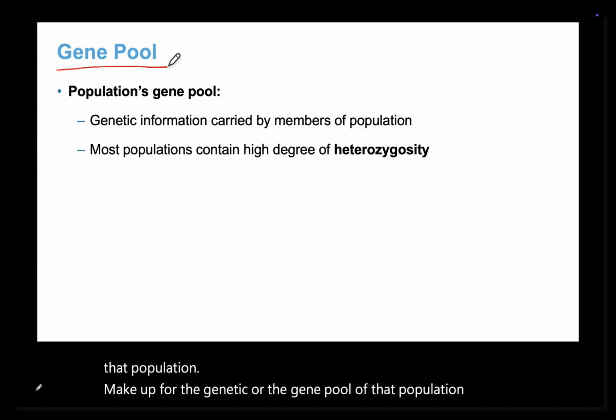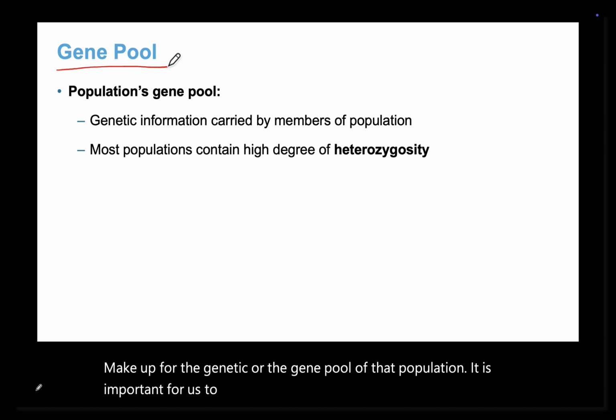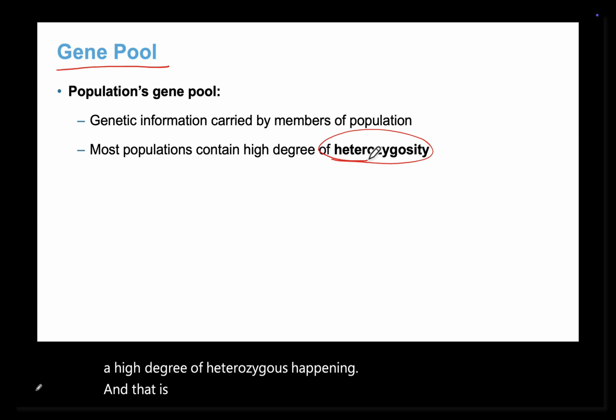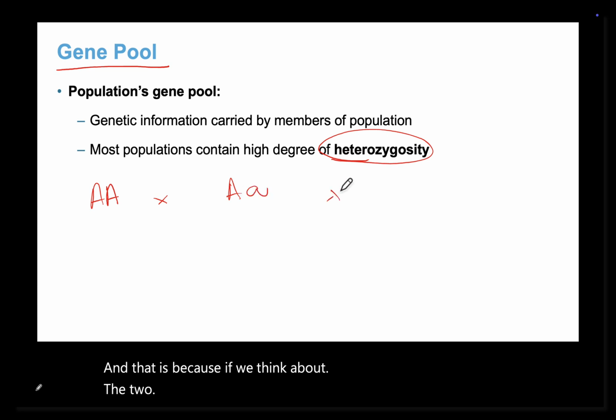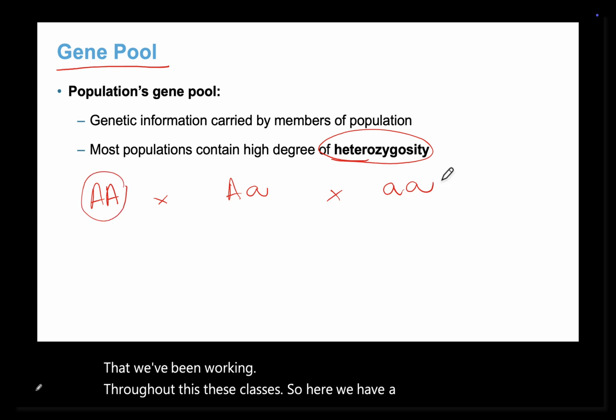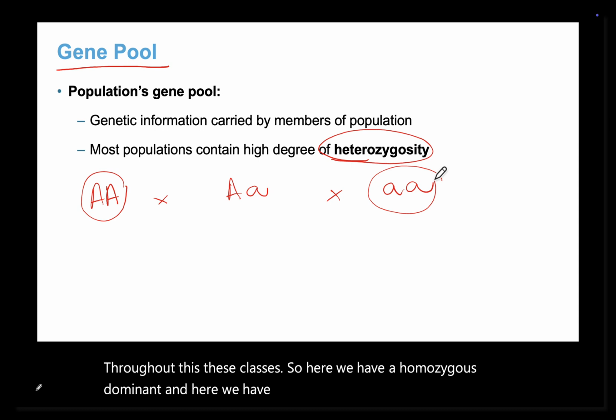It is important for us to understand that most populations will have a high degree of heterozygosity. And that is because if we think about the two alleles that we've been working with throughout these classes, here we have a homozygous dominant, and here we have a homozygous recessive.